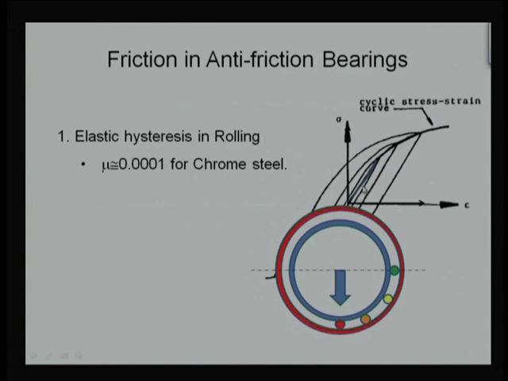When we increase the stresses, more and more load is being applied, and more load means more and more deflection. That can be represented like this. We assume there is no load initially; this green bar is there.